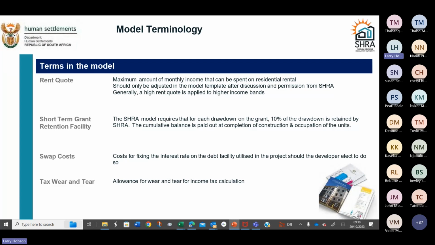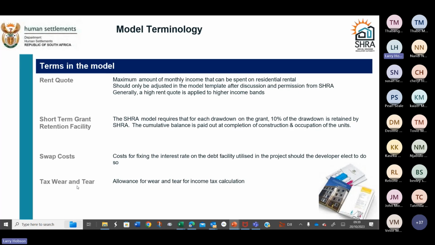Swap costs, this is in the financing section. If you're entering into a complex financing deal, such as the cost of fixing an interest rate, and the financing institutions are using interest swaps to do that, you'll see there's a swap cost that's applied.